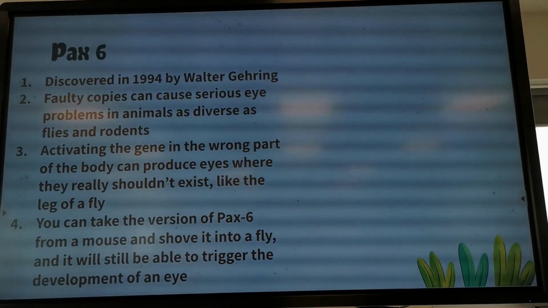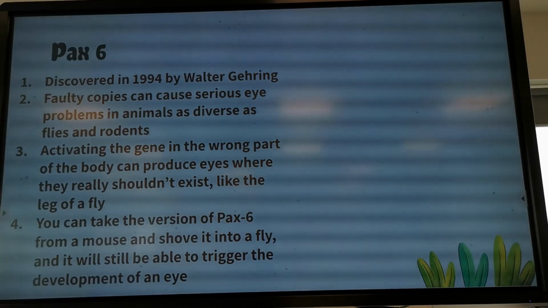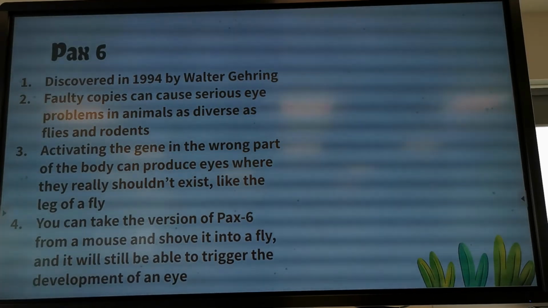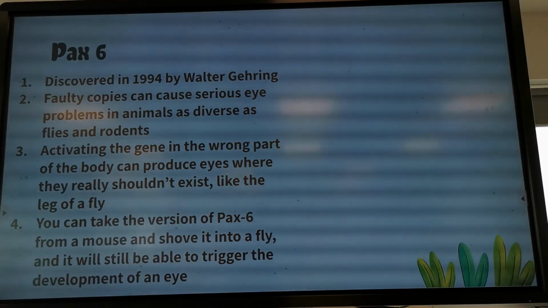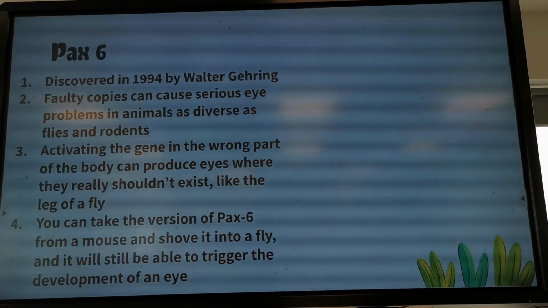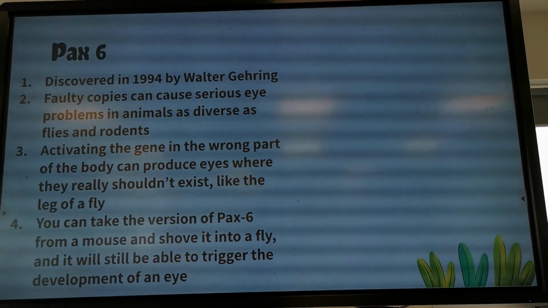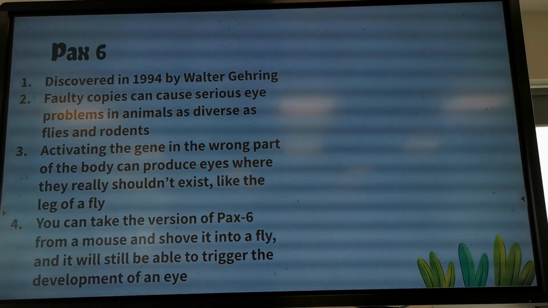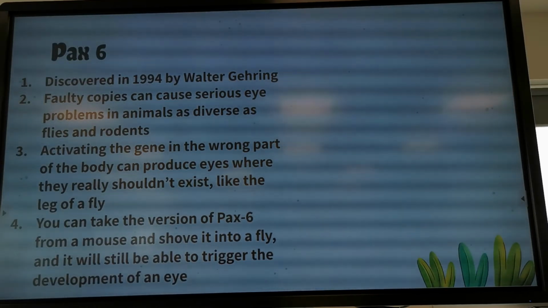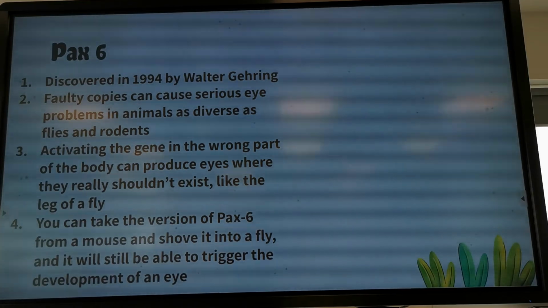And the PAX6 gene was first discovered in 1994 by a guy called Walter Gehring. And if there are faulty copies of this gene that are passed through, then it can cause serious eye problems for different animals. And they've noticed these in animals as diverse as flies and rodents.